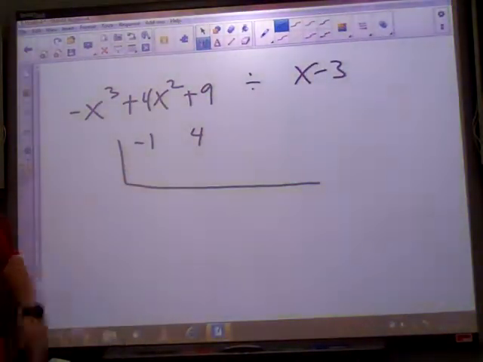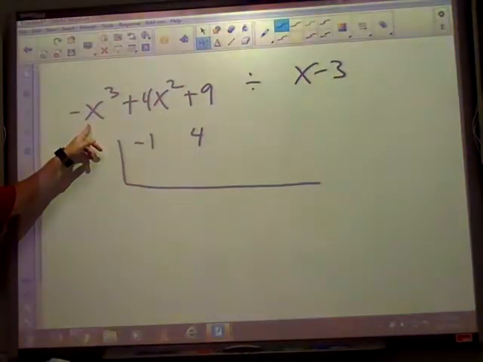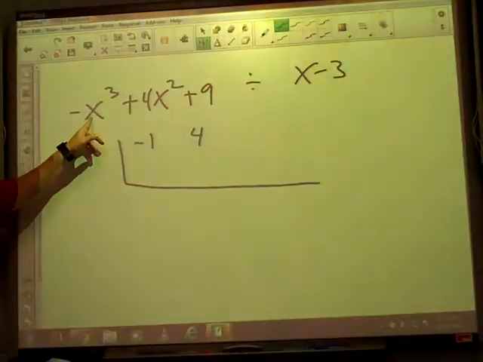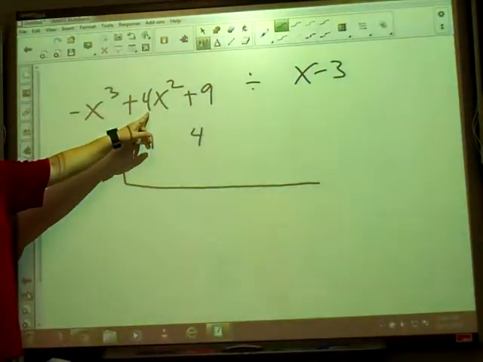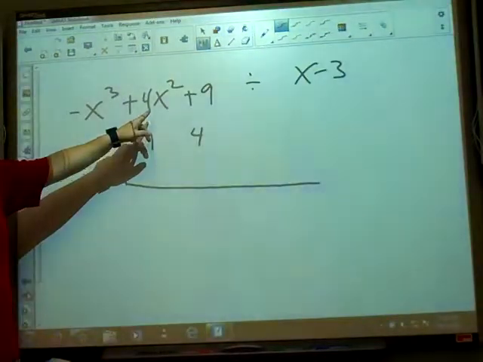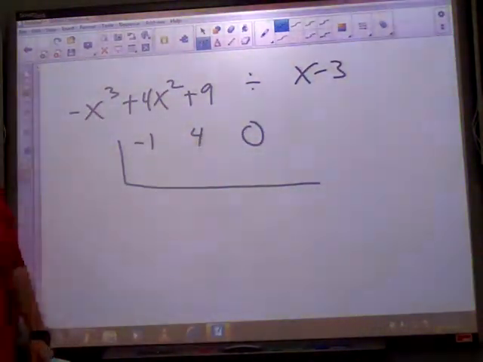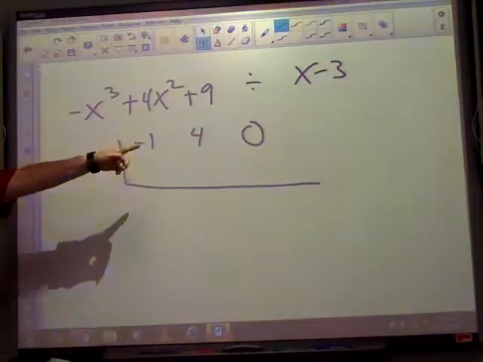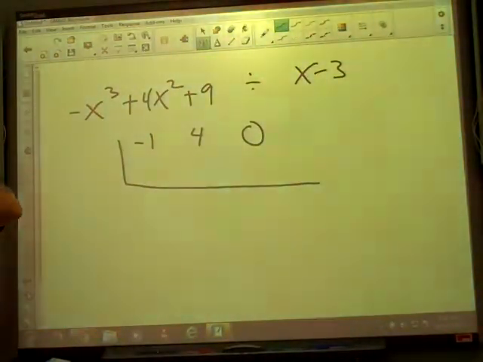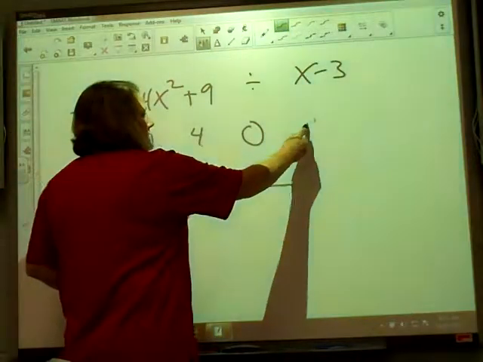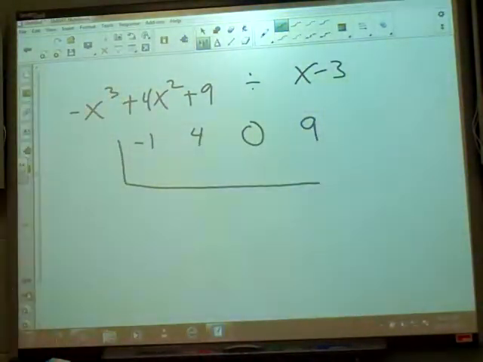Negative 1 for x cubed, my coefficients. Negative 1, 4 for x squared. What's my x to the first? I don't have an x to the first, do I? Nope. So I put a 0, just like in long division. And then my constant, 9.